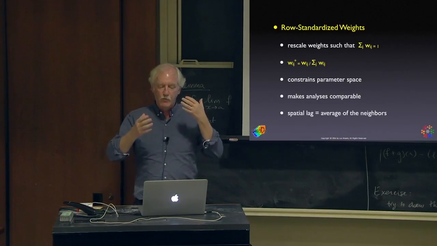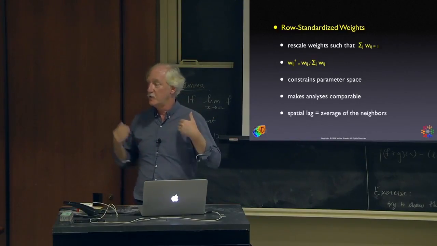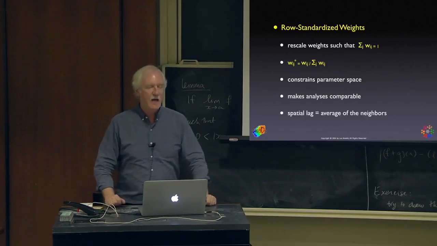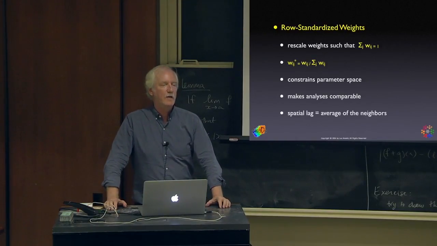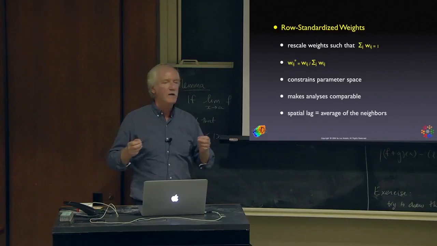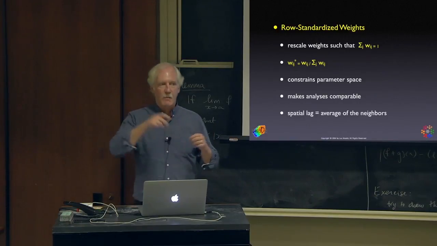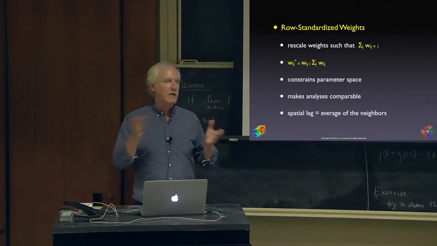So to fix that problem, in some instances it's not a problem, most instances it is a problem. To fix that, we standardize the weights. We row standardize them such that the weights in a given row of the matrix sum to 1. What does that mean? In essence, you take how many neighbors you have and divide 1 by the number of neighbors.